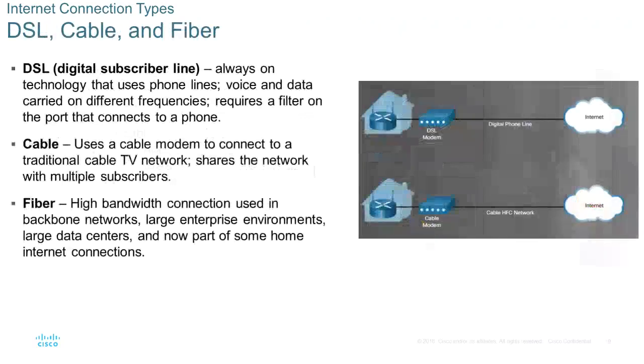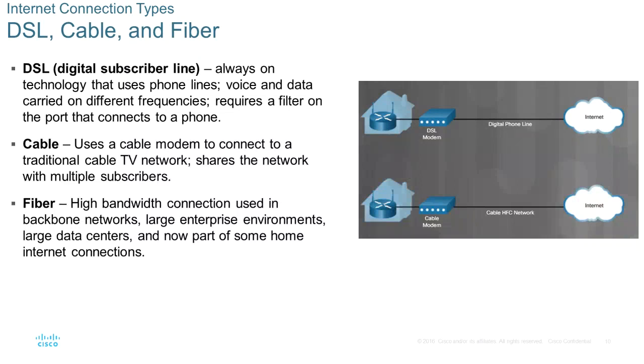So within our systems, DSL was still very much a way of life in Australia until a couple of years ago. This is using our normal phone line, which can carry our voice and data, but they separate themselves on different frequencies.